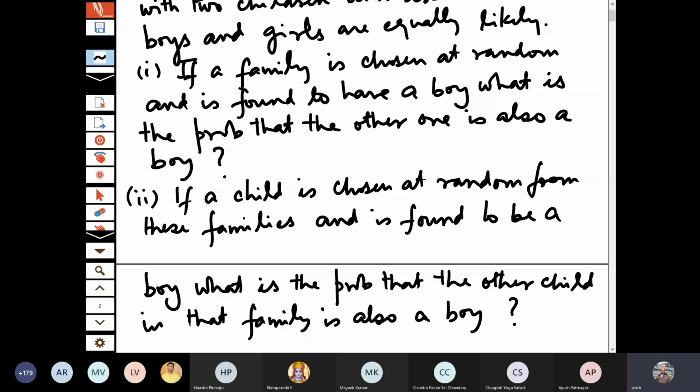Actually the question is the same, however the basic condition has changed.